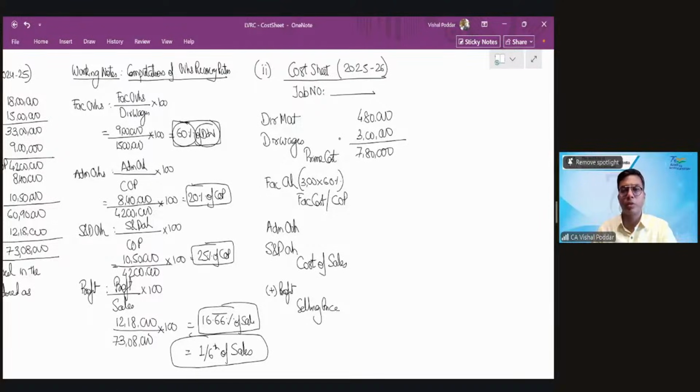So it will be 180, that is 60% of 3 lakhs. So this will be 960, which is your cost of production. How much is administration? It is 20% of cost of production, and selling is 25% of cost of production plus 15% increase, correct?